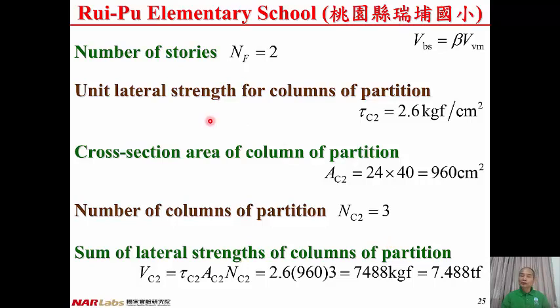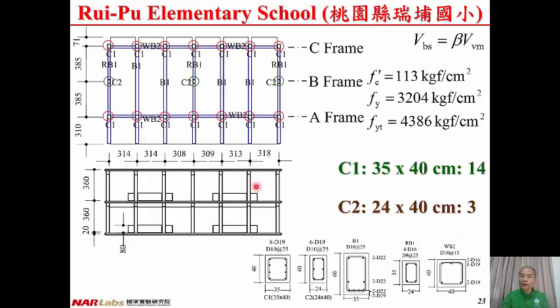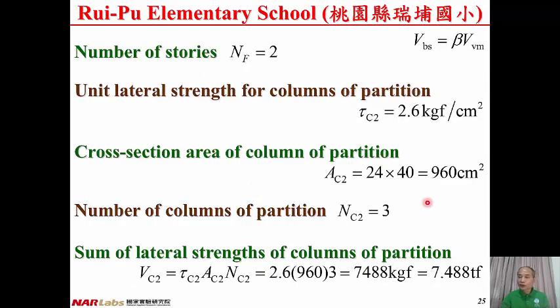And then we move to the columns of partition. And from previous slide, we have the unit lateral strength for columns of partition equal to 2.6 kg per cm square. It has nothing to do with the number of stories. And the cross-sectional area of the column of partition equal to 24 times 40, 24 times 40 equal to 960 cm square.